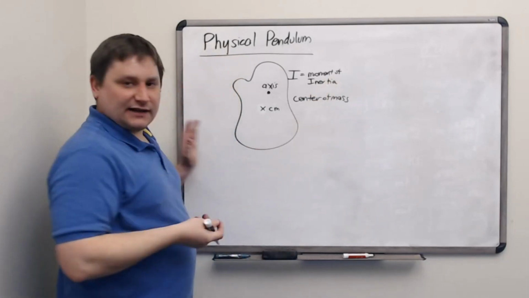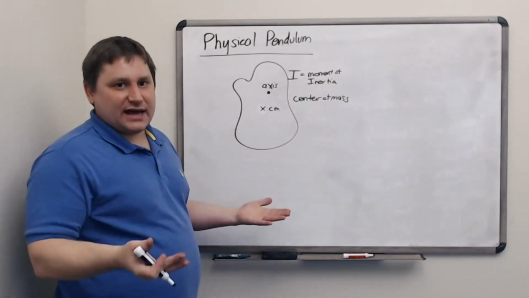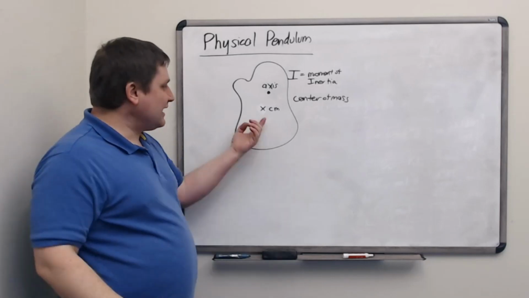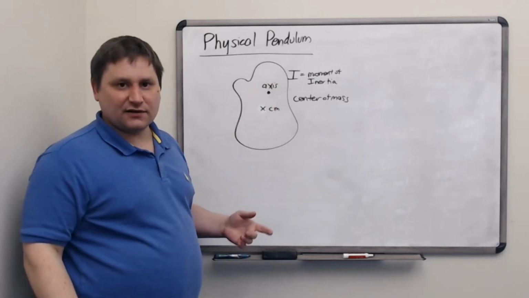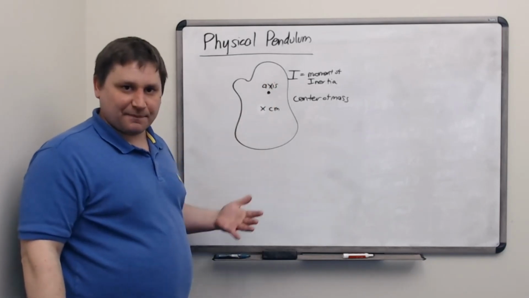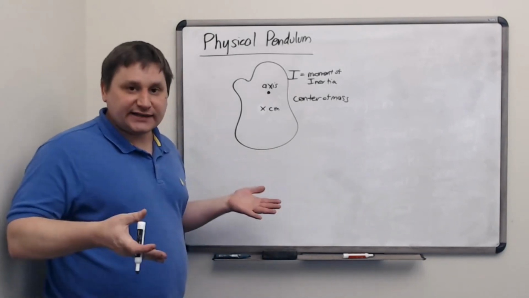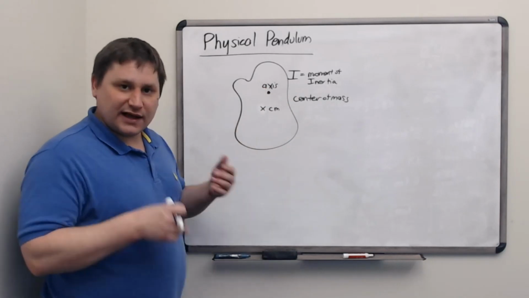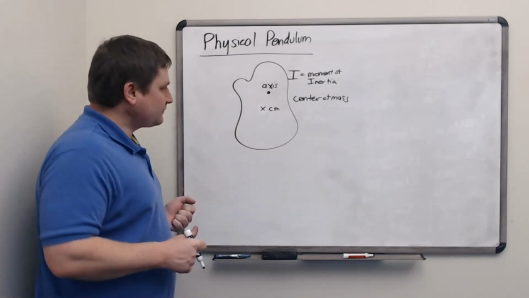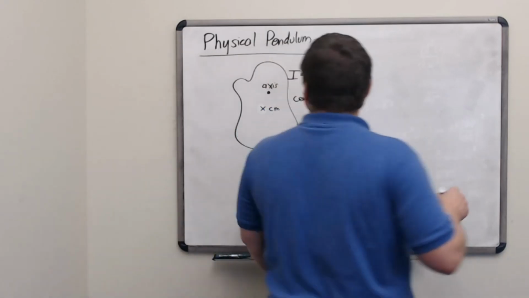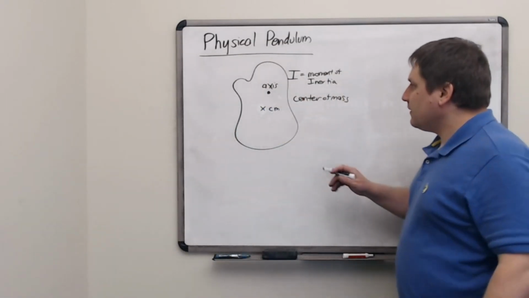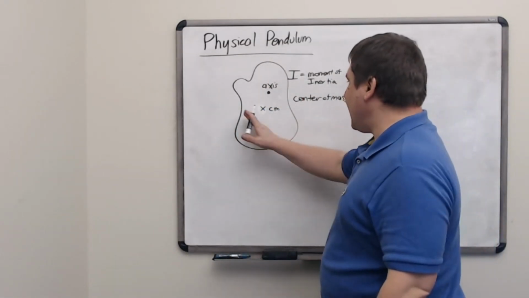Now, of course, since the shape is arbitrary, we can't calculate numerically the center of mass or the moment of inertia for this discussion. But if we were told what shape it was, say a cylinder or a rectangle, then we could find these out and go through all of the numbers. But right now, let's just see if we can predict the period that this would oscillate at.